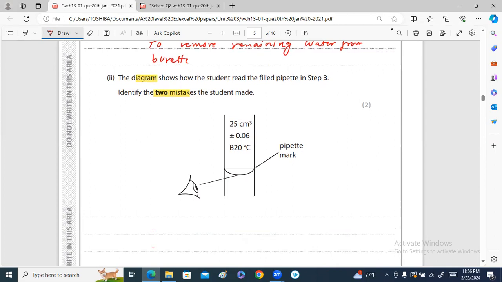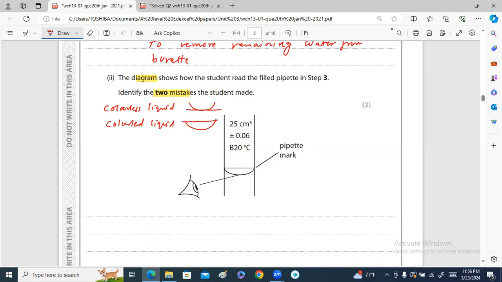For any colorless liquid, we should choose the lower meniscus for its reading. For a colored liquid, we can use the upper meniscus for reading. So this is an important point.